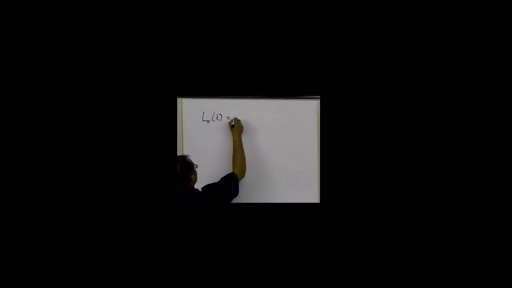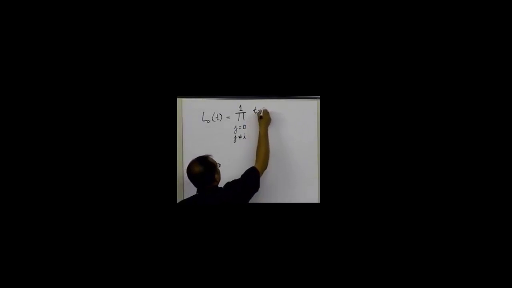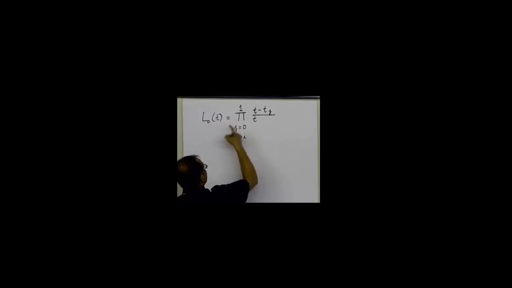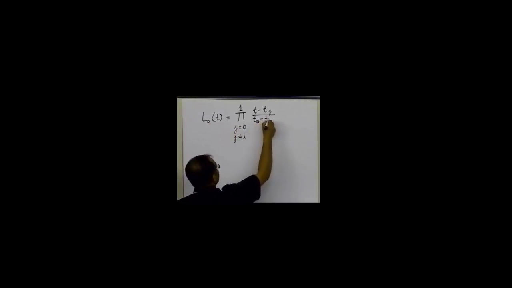So the first one is L naught of t. L naught of t will be equal to the product going from j equal to 0, j not equal to i, all the way up to n, which is 1 in this case, of t minus t sub j divided by t sub i, which is i equal to 0, minus t sub j.